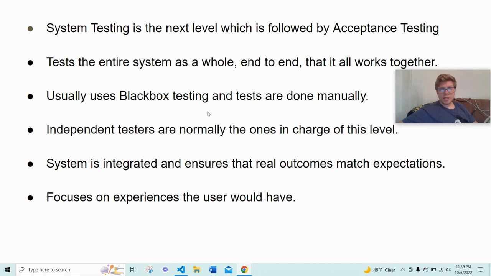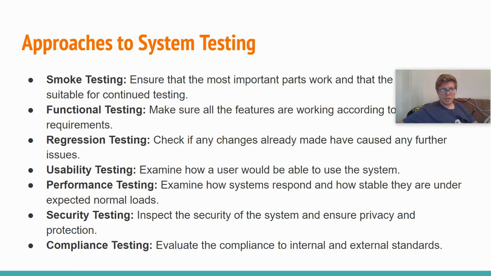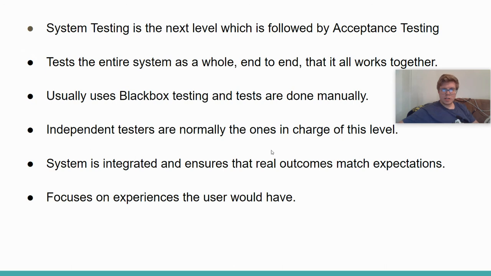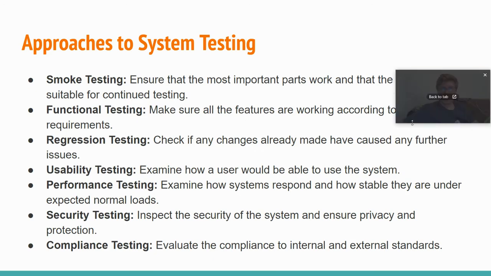Usually it uses black box testing, and those tests are done manually, usually due to the black box testing. You usually have testers at this point. They're the ones in charge of this level. So the system is integrated, and you're just trying to match those real life outcomes, so expectations the users would have or problems that they would see. Try and catch them before they reach the user.